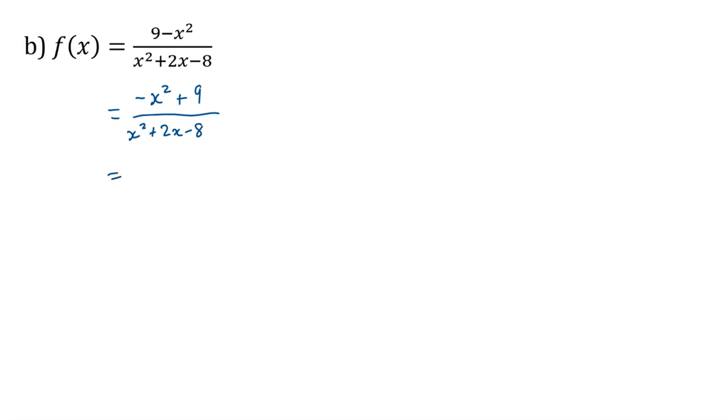To factor the top, what do you think the best thing to do is? Like as if it's a square or something. Yeah, but I'm going to factor out the negative first so that I have a positive leading coefficient. Okay, now I'm going to factor.